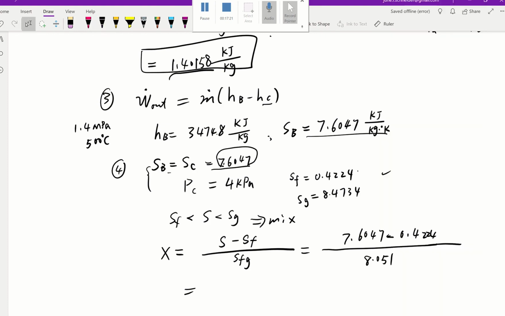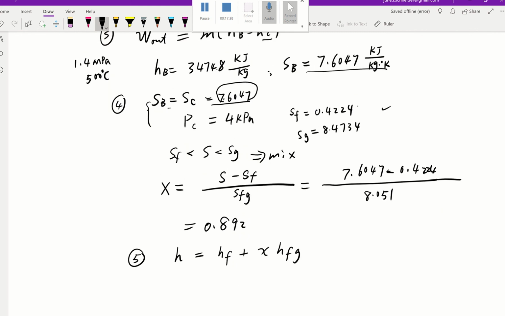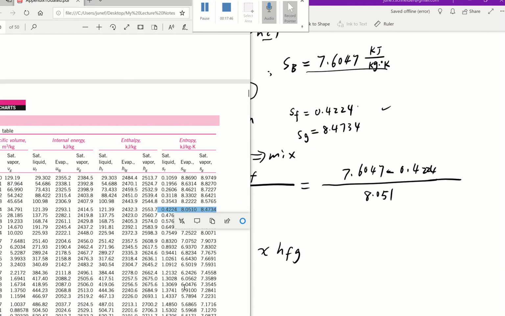It is 0.892. That's our quality. Once you find quality, we can find our enthalpy H using the formula HF plus X HFG. Remember, this is at 4 kilopascal, so we're going back to the 4 kilopascal row to find our enthalpy.